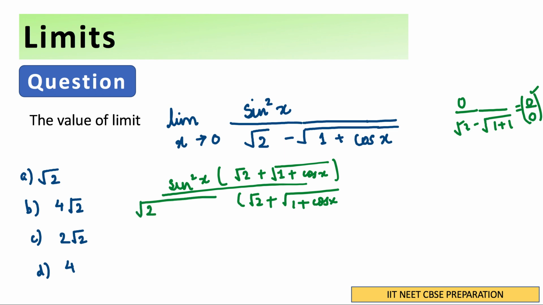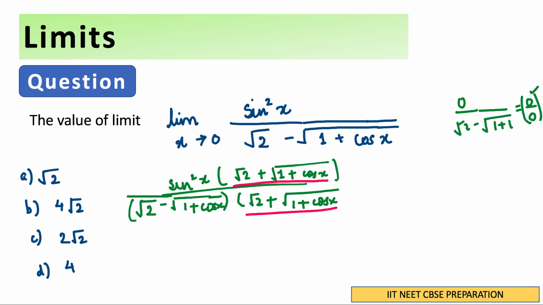So root 2 minus root over 1 plus cos x. What we have done is we have basically tried to rationalize this expression. So we have added this root 2 plus root 1 plus cos x in the numerator and the denominator.